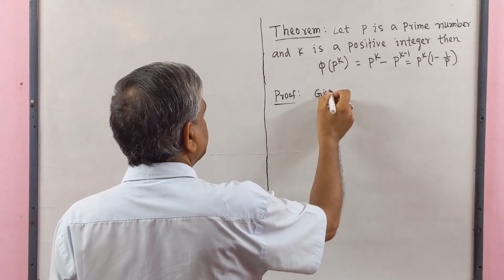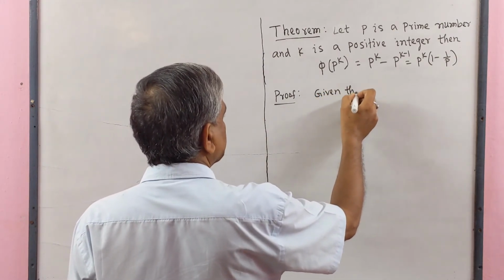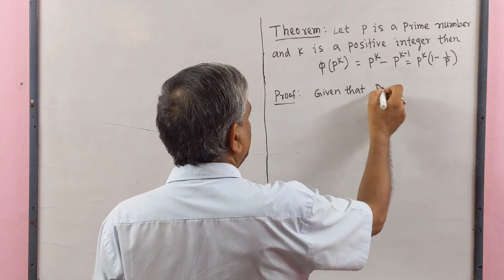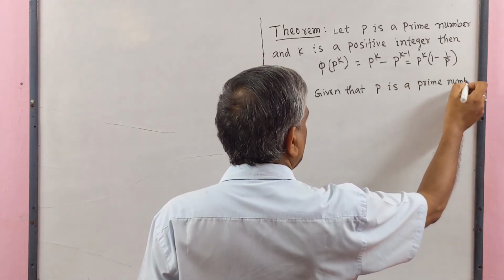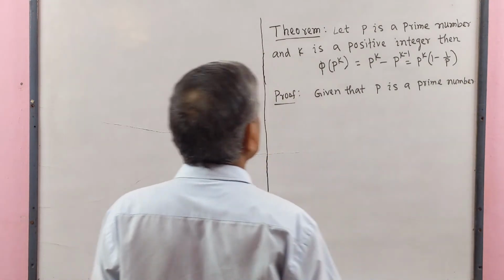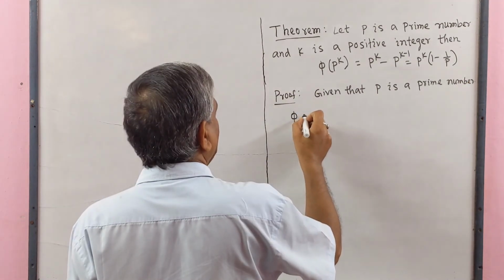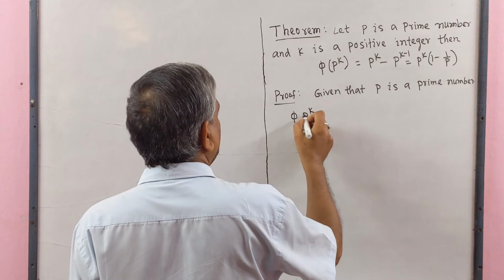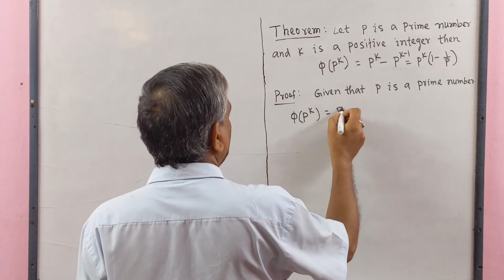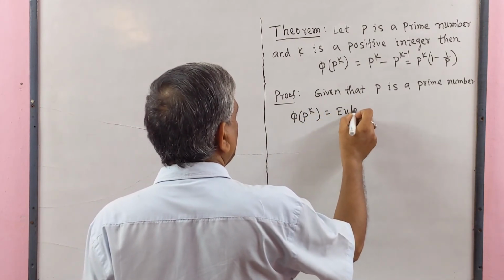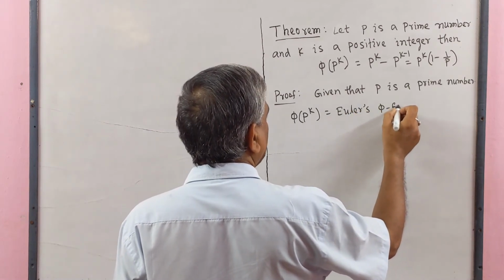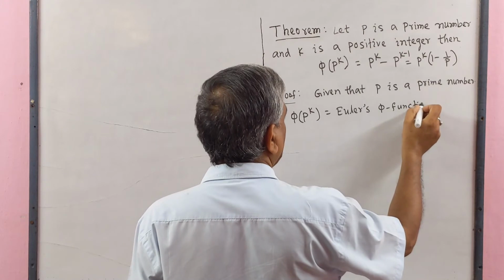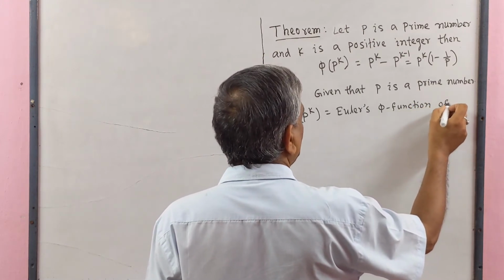Given that p is a prime number, phi(p^k) equals Euler's phi function of p to the power k.